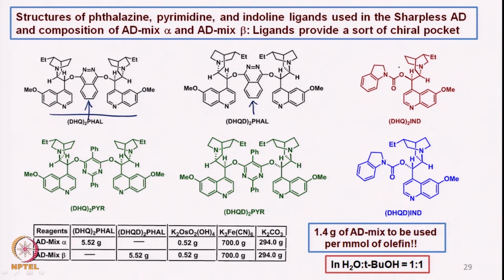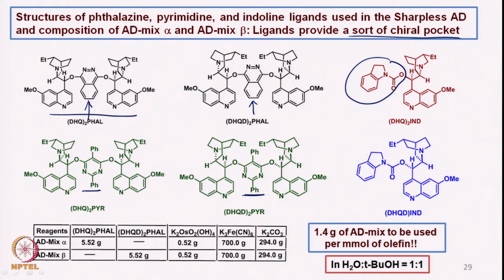Then you have this type of spacer, which then allows two molecules to come into the picture, and then we have this kind of pyrimidine system as a spacer, and these types of spacers have been found to allow a sort of pocket of chiral nature that allows the epoxidation, dihydroxylation to occur to give high enantiomeric purity.